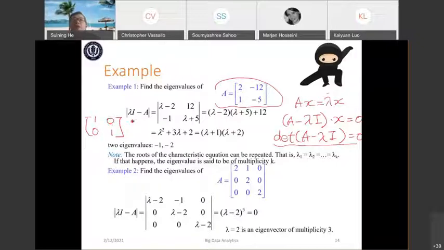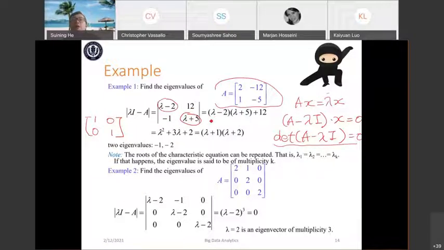So lambda I minus A is equal to this. And when we compute the determinant, it is this element times this element, minus the product of the other elements, that is the minus 1 and 12.